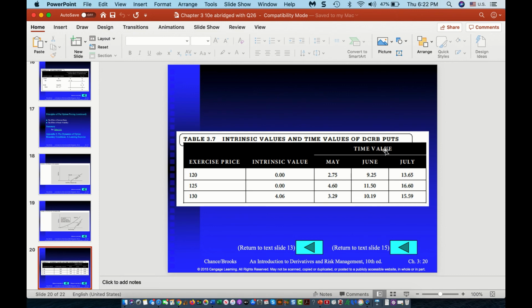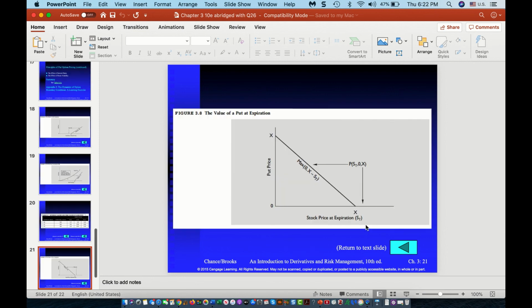And then again, this is time value, and then you can see intrinsic values like this, because for a put option, a higher strike gives you more value intrinsically, but at the money, they would deliver the most time value, as was stated earlier. And then a put option is a downward sloping curve.